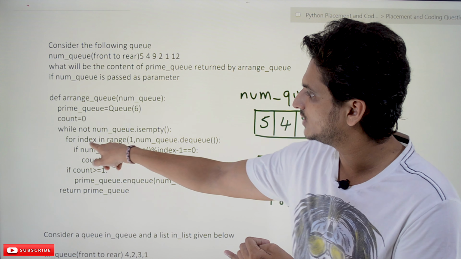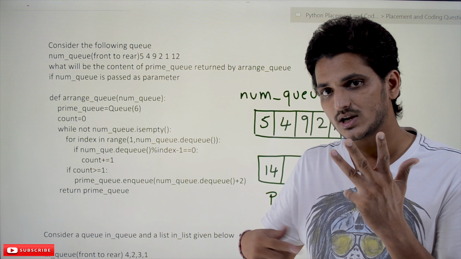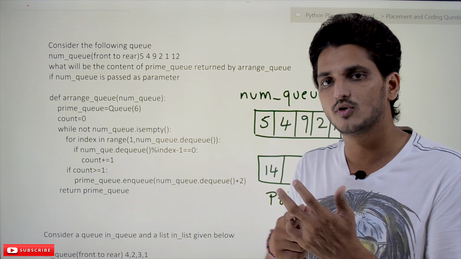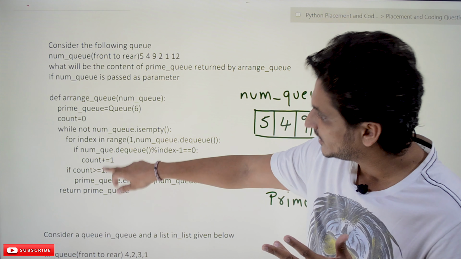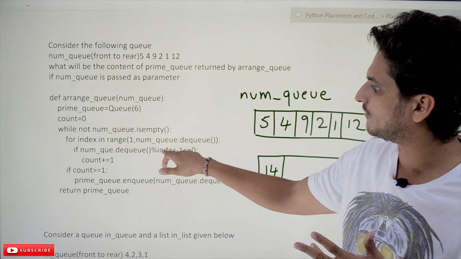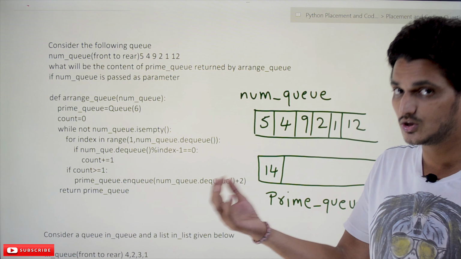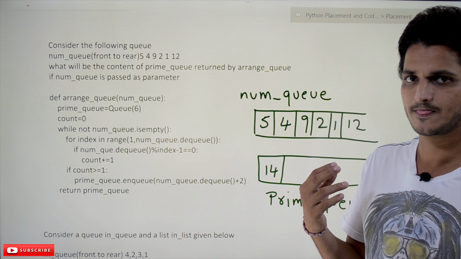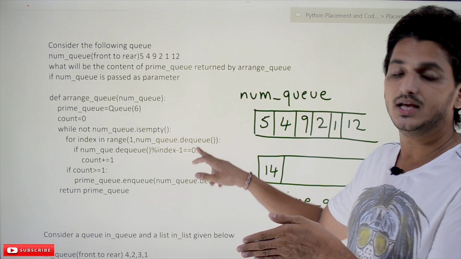This loop will execute 4 times, and those are the index values it is going to consider. When it goes inside the for loop, if numq.deque() modulus index minus 1 equal to 0.